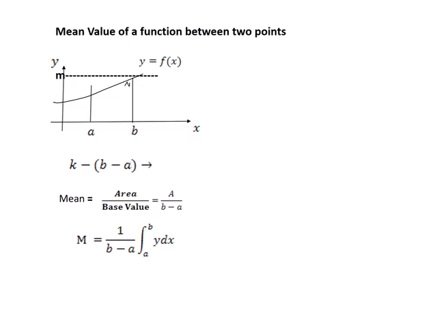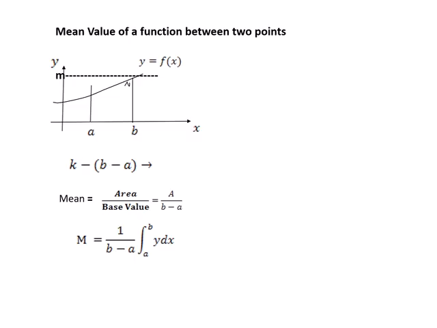We have the mean equal to area all over base value. Area all over base value, where the area is given as A, and the base value is b minus a.